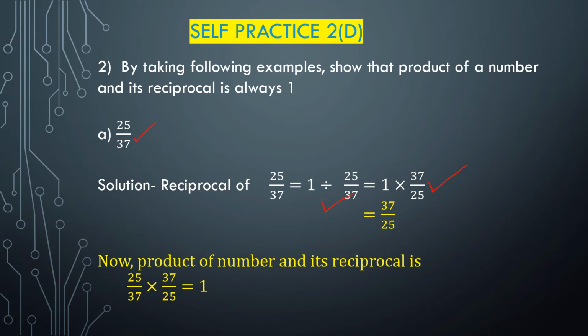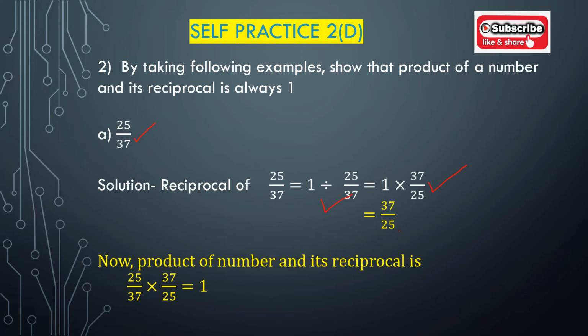Now we have to show the product of a number and its reciprocal is always 1. So multiply the fraction 25 divided by 37 with its reciprocal, that is 37 divided by 25.